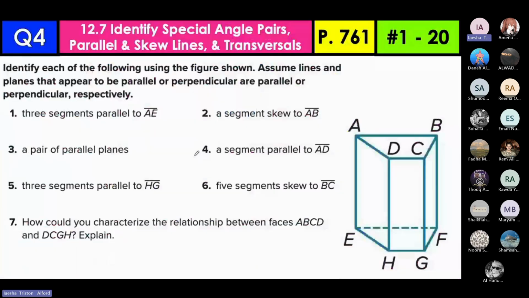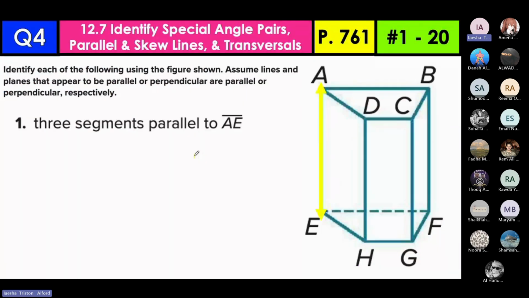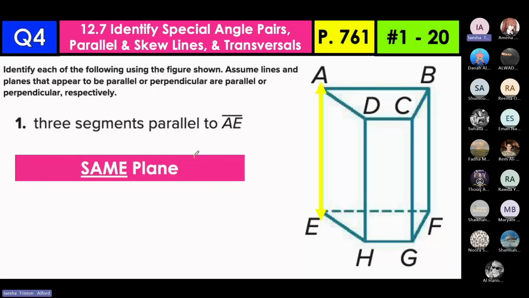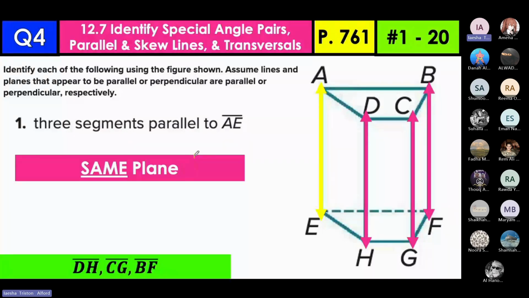So you have these questions. Number 1, we want to know what's parallel with AE. Three segments. It should be in the same plane. So you have these three.